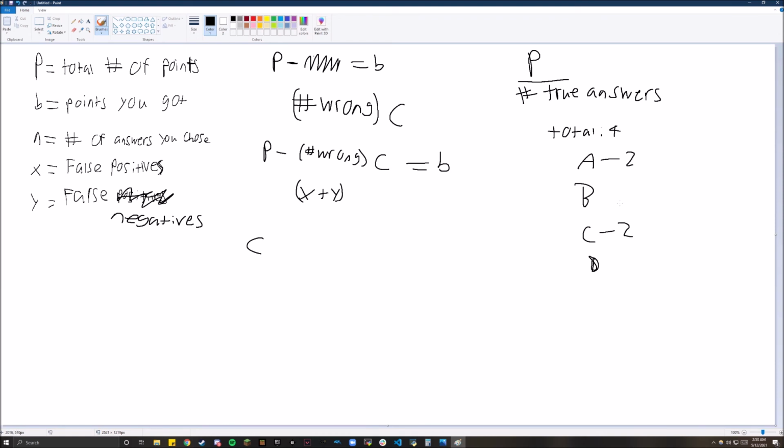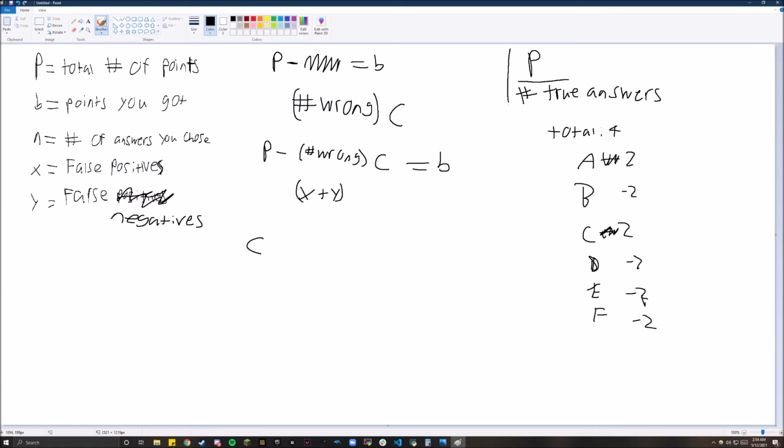And then consequently, if we went on and on forever, A, B, C, D, E, F, all of these wrong answers would count as -2. I should not make that look like a minus sign. All of the wrong answers would be -2. And so the points you lose for an incorrect answer is dependent on how many correct answers there are.